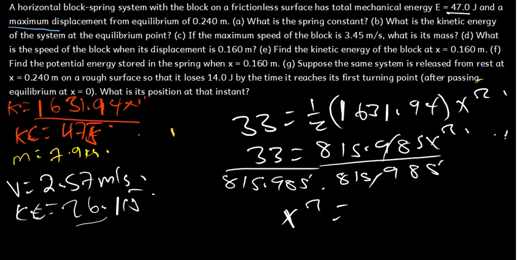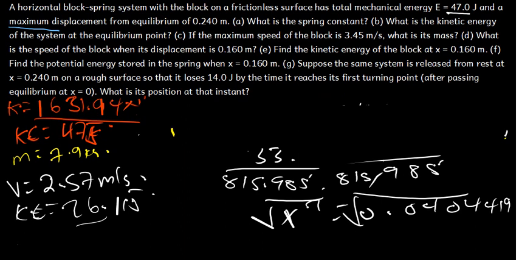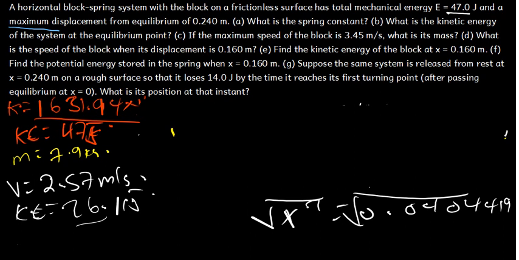I'm getting 0.0404419. Okay, so I need to take the square root of both sides. So what will be my x value? I get the square root of this part, and I'm getting my x value as 0.2. So at that point just before, it's going to be 0.2 meters.